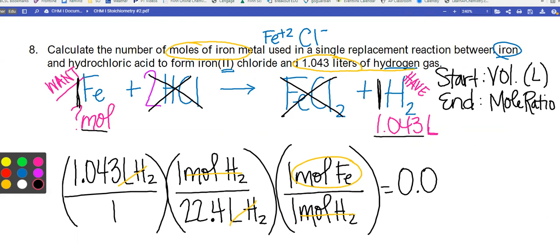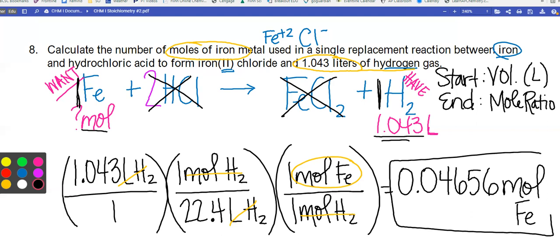So we have 4 sig figs in our original number. So we have to go to 4 decimals after this first 0. So the final answer rounded correctly will be 0.04656 moles of Fe for that.